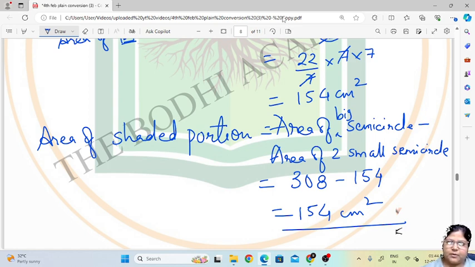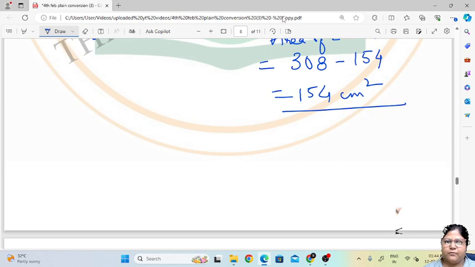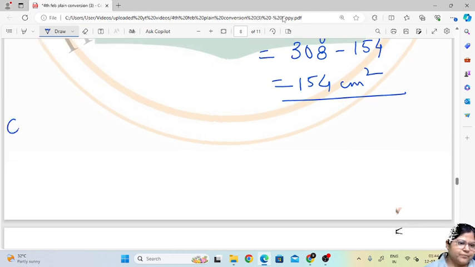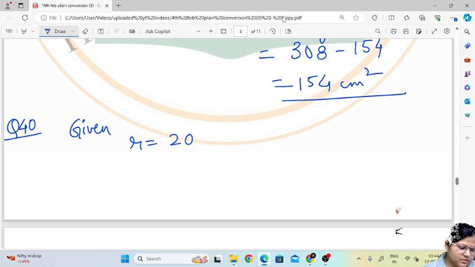Okay, last, coming to question number 40. The circus tent has a cylindrical base with radius 20 meter. So what is given? We will write all the given things first. Height is 20 meter.